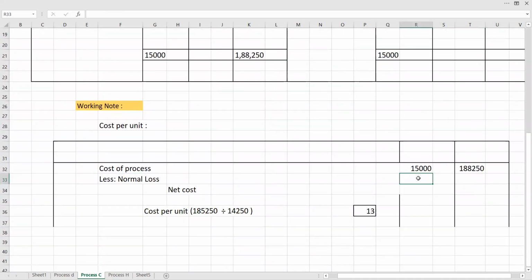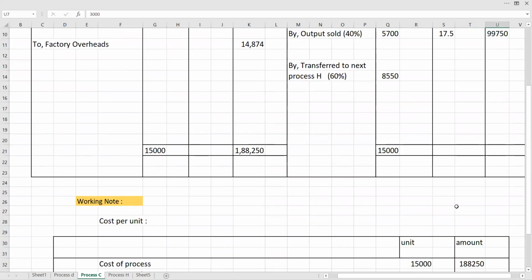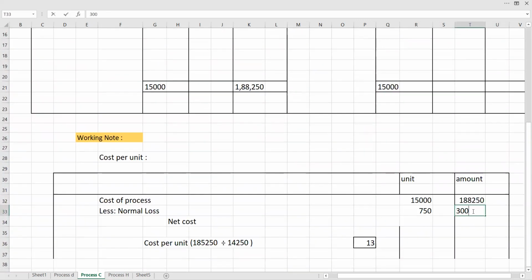So normal loss 750 units and amount. Normal loss amount 3,000, so it should be deducted here. So 15,000 minus 750, we will get our net cost.